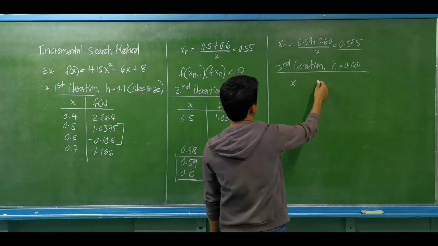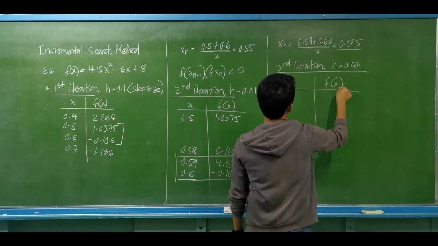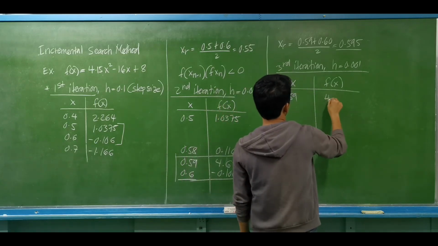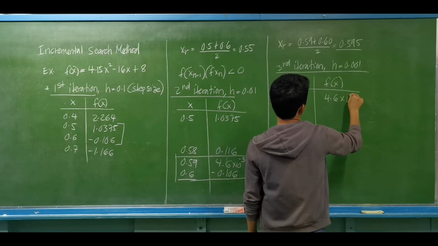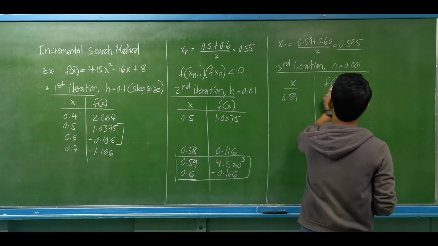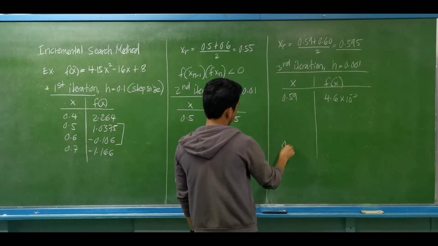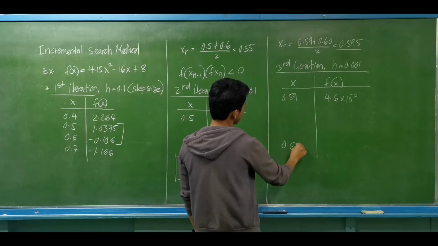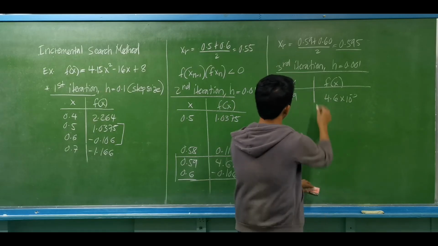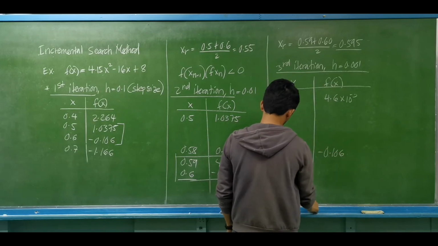For the values of x, we take the equivalent value of f of x. We have at 0.59, f of x is 4.6 times 10 raised to negative 3. Then we have 0.60, which is negative 0.106.